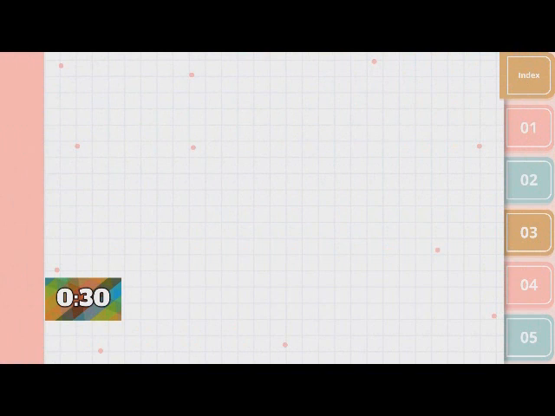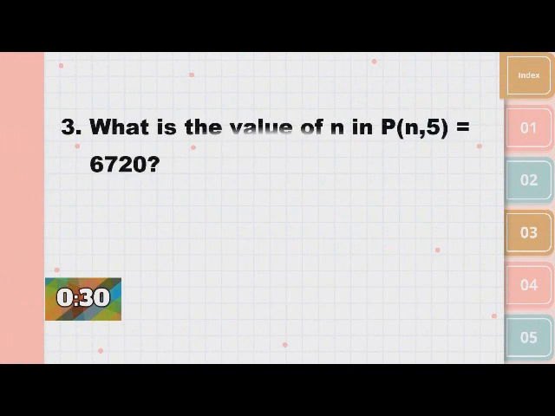Third question: what is the value of n in permutation of n taken 5 equals 6,720? Choices: A, 6; B, 7; C, 8; D, 9. Timer starts now.